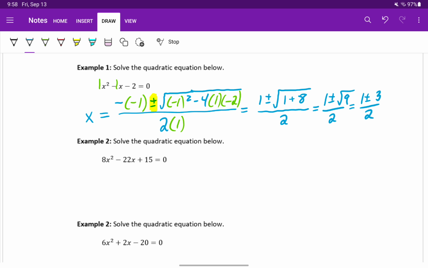Now we have to evaluate this expression by finding 1 plus 3 and then finding 1 minus 3, divided by 2. That means we'll come up with two different answers here.